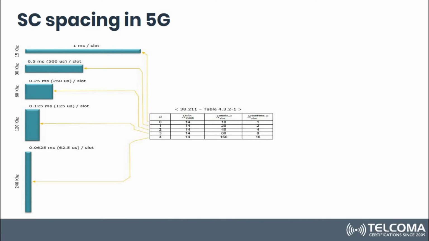We have to increase the subcarrier spacing in bands greater than 6 gigahertz. In that case we give more subcarrier spacing, the slot size decreases, and we can provide the latency requirements which many ultra low latency applications require.